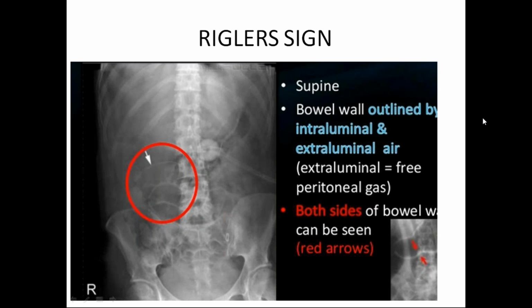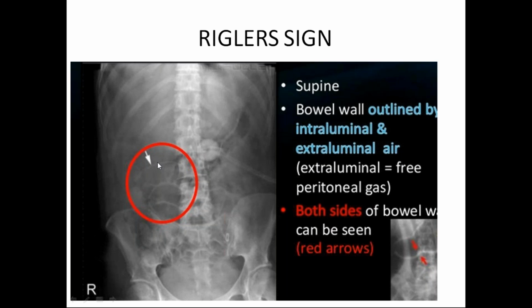But if the extraluminal air, that is the air outside the intestine, is very small to accumulate under the diaphragms, we can use the Rigler sign. This is not seen in an erect abdomen film, but in a supine film where the patient lies down on the table and we take an AP radiograph, anterior posterior X-ray, where we can see both the outer and inner layers of the bowel.